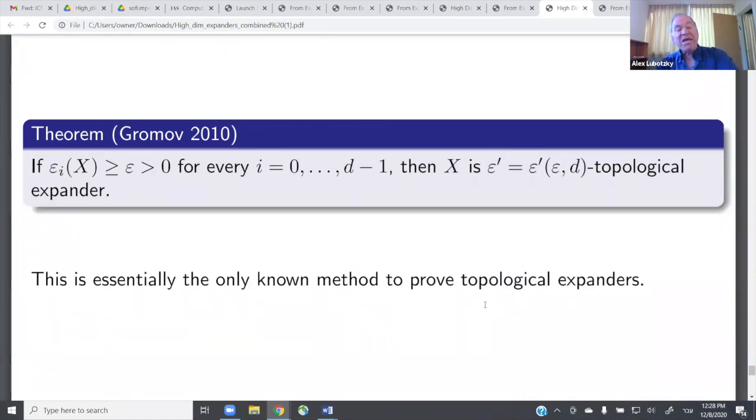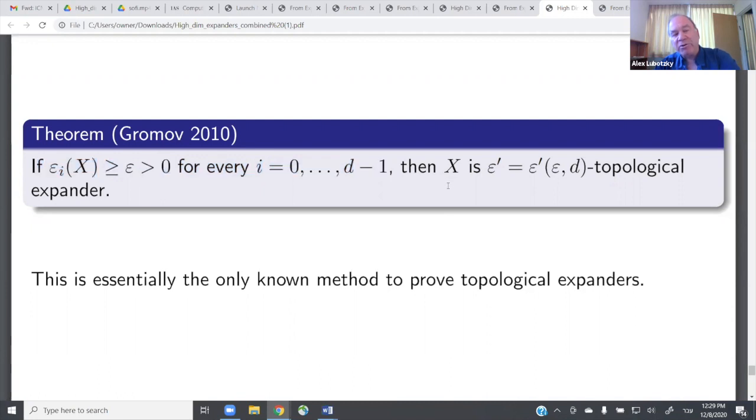Gromov proved that if you have a simplicial complex such that all the epsilon I of X are bounded away from zero together, that is, epsilon I of X is greater than epsilon, greater than zero for every I from 0 up to D minus 1, which nowadays we call a coboundary expander, then X is a topological expander.